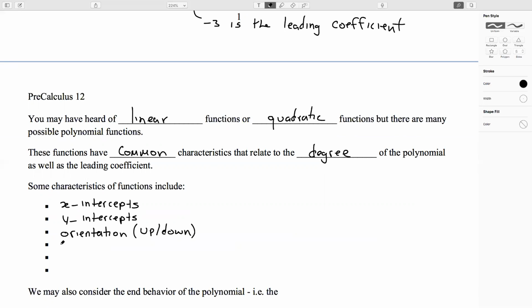The shape of the function, the domain, as well as the range. And if you don't remember, the domain represents all x values, while the range represents all y values.